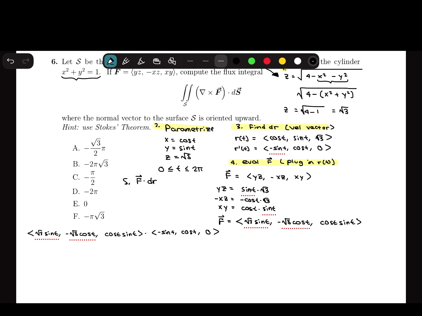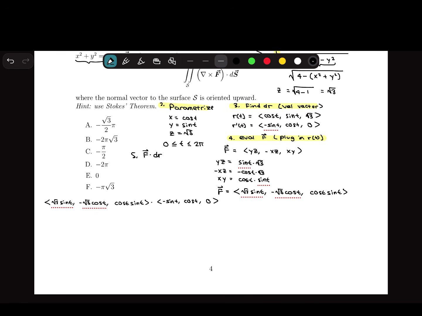So if we do the dot product of vector f times dr, you get negative square root of 3 sine squared t. Whoa, this should not have the vector sign. Plus, oh, that should be a minus actually. Minus square root of 3 cosine squared of t plus 0.